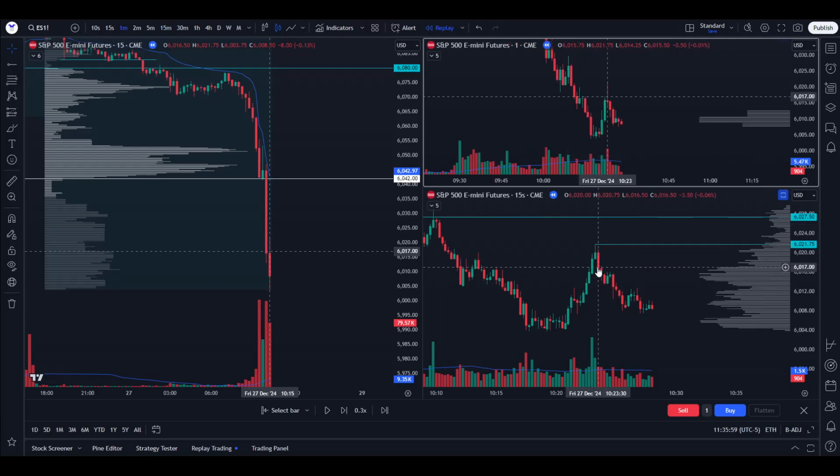And see how the volume kind of shows up in a different way on these different time frames.